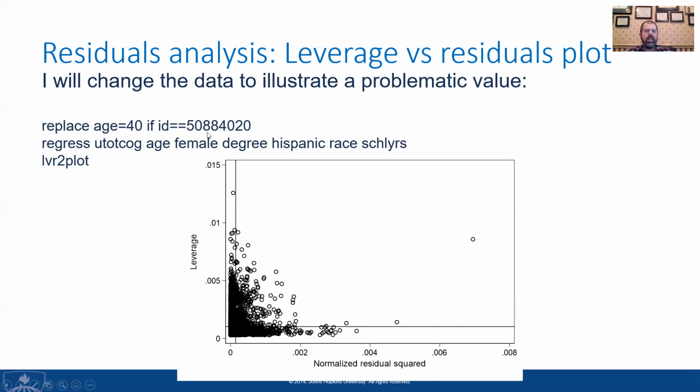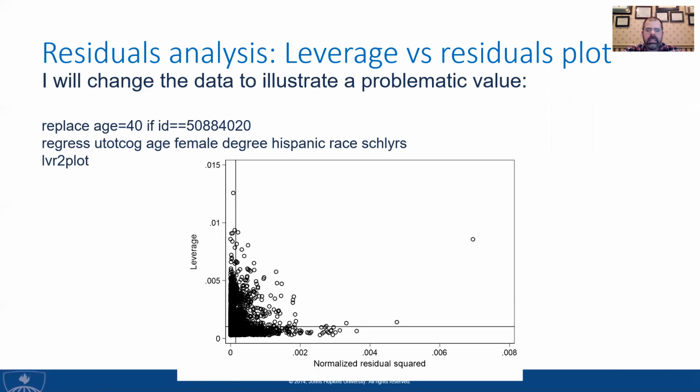So I'm going to select one random observation and change the data simply to illustrate a problematic value. I'm going to replace age equals 40 for this one ID, then rerun the regression, and then look at my leverage versus residuals plot.